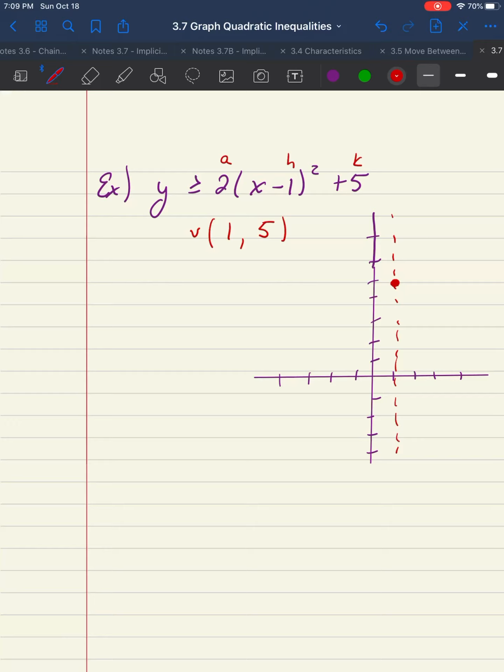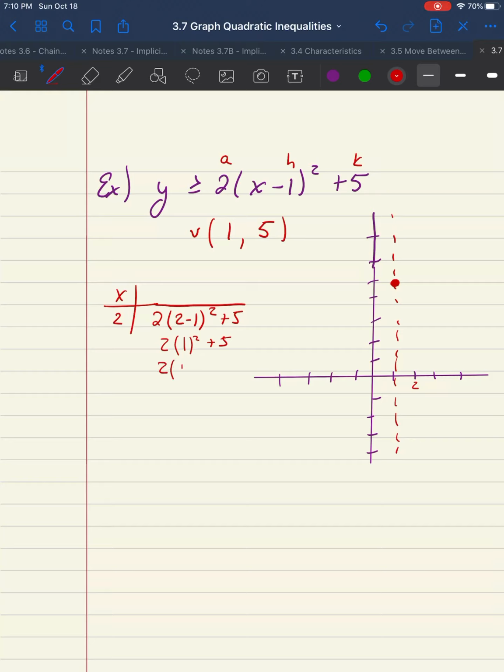Move them because I didn't draw them big enough, sorry. Okay, so I plot my vertex, 1, 2, 3, 4, 5. I draw my line of symmetry.